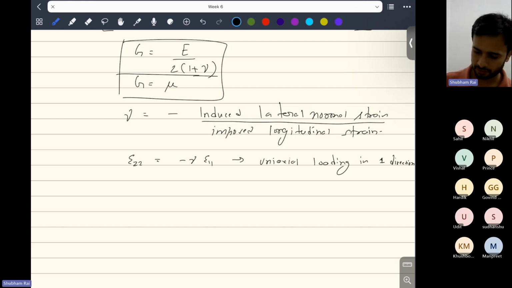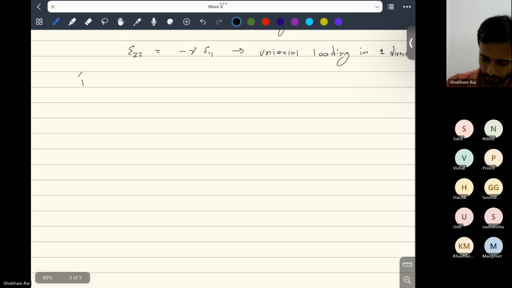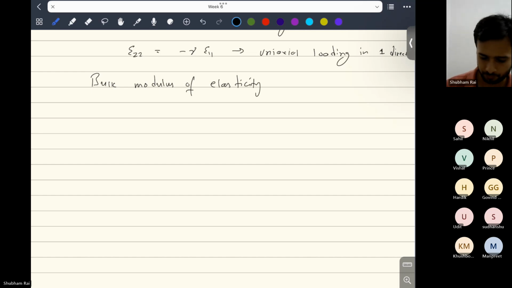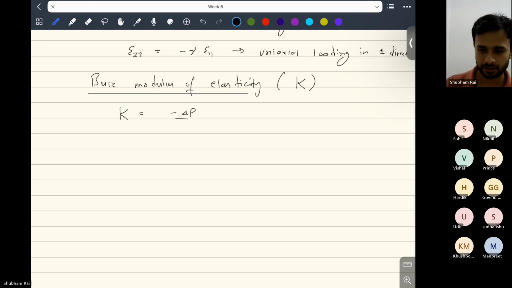Okay, then we have bulk modulus of elasticity, and that is denoted by this kappa. So this bulk modulus of elasticity will be given by negative of pressure applied on the wall to the volumetric strain.